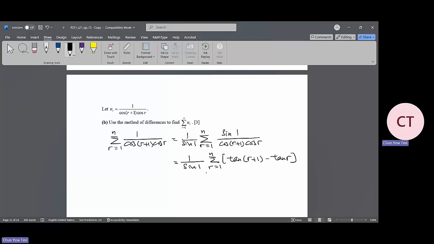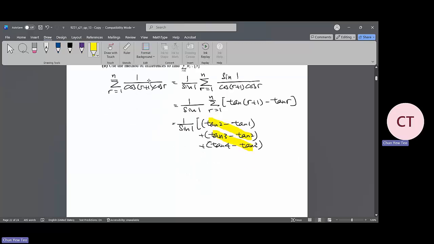Then all you need to do is substitute the values. Inside, you have tan 2 minus tan 1, plus tan 3 minus tan 2, plus tan 4 minus tan 3. Up to here, you can see the pattern that these two can be cancelled off, and these two can be cancelled off.